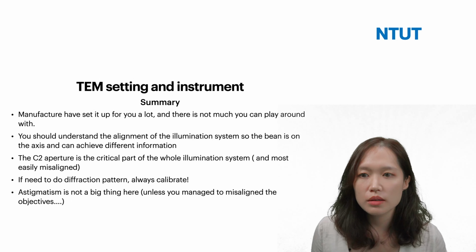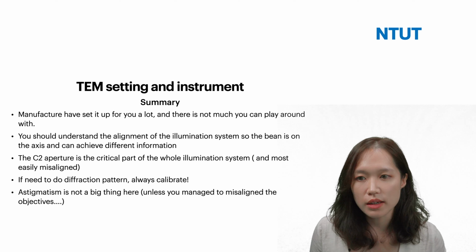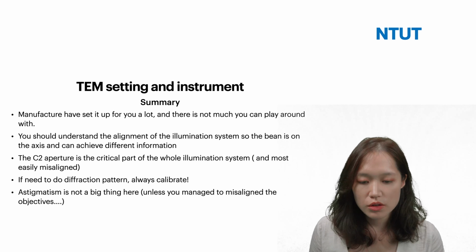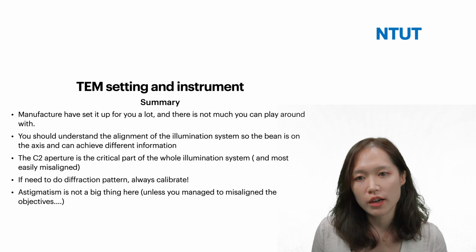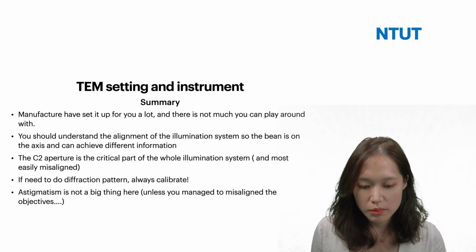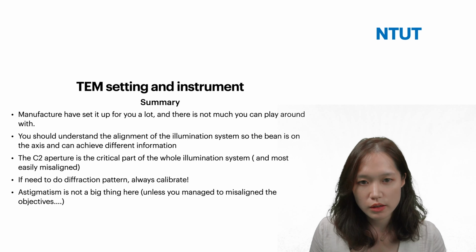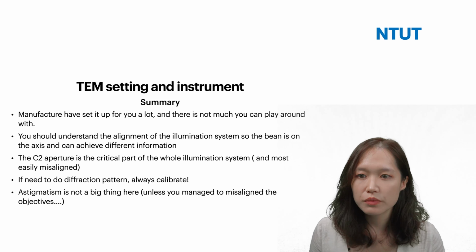Okay, so in a quick summary of TEM setting and its instrument, to be honest, the manufacturer has set up a lot for you. So there's not much you can play around with, as we have mentioned multiple times. As long as you don't touch the rod or mess up the vacuum system, you should be pretty safe.